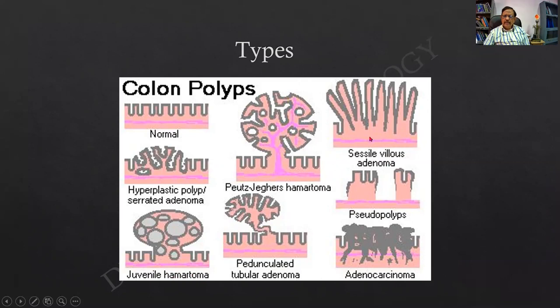And villus polyp, villi all of us know, finger-like projections are there, and it is sessile, flatly adherent to the surface. Pseudopolyps are some lesions which are being projected up when we put in an endoscope. But actually, it is not a proliferation of the mucosa, but something from below is pushing it up.